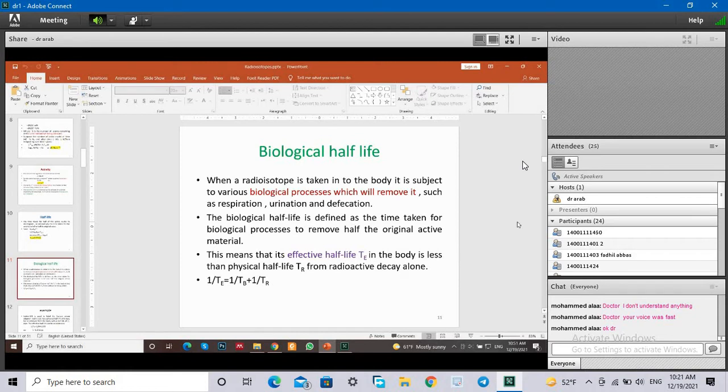Effective half-life time is equal to the inverse of the sum of the inverses of biological half-life time and physical half-life time. In the following, I will give you some sample questions so that we can better understand this equation.